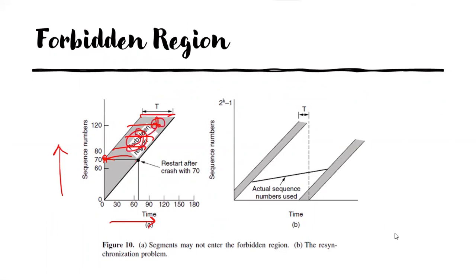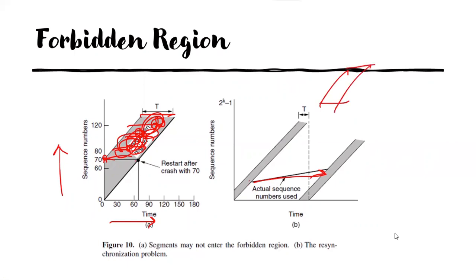You cannot reuse any of the sequence numbers that are there. So what you can do is give a big jump, and then wait for the T seconds, and then give a big jump and start the sequence numbers from there. Or you can start with a higher sequence number from here.